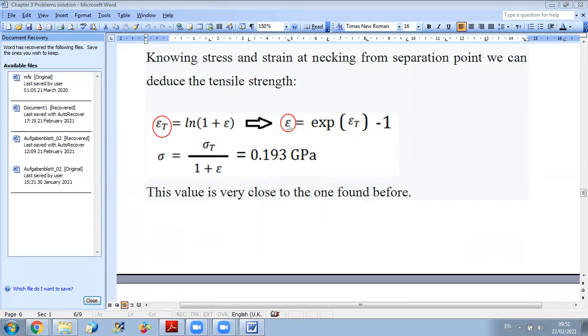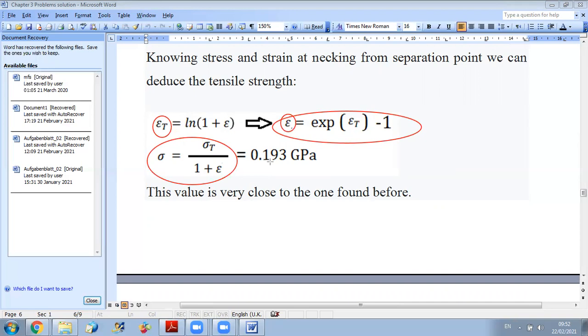Once I get epsilon at separation engineering, I replace it in the formula of the relation between sigma engineering and sigma true. So sigma engineering at the separation point, which corresponds to the tensile strength, is equal to sigma true at separation over 1 plus epsilon engineering, which is calculated from here. Therefore I get sigma maximum, which is the tensile strength.